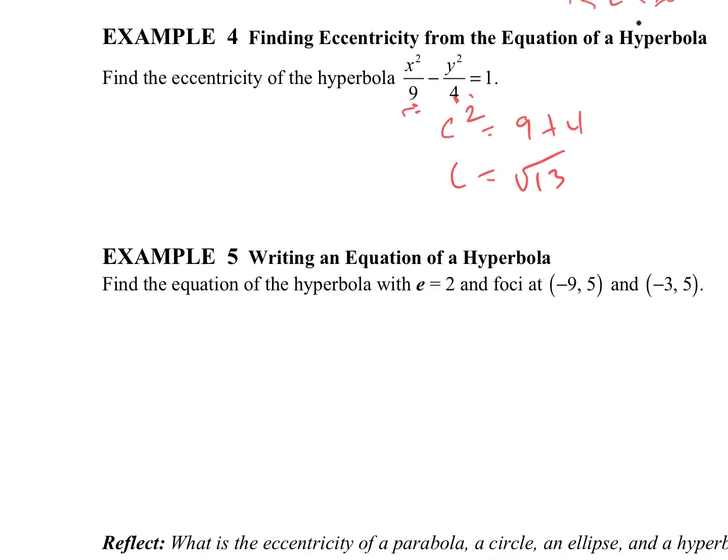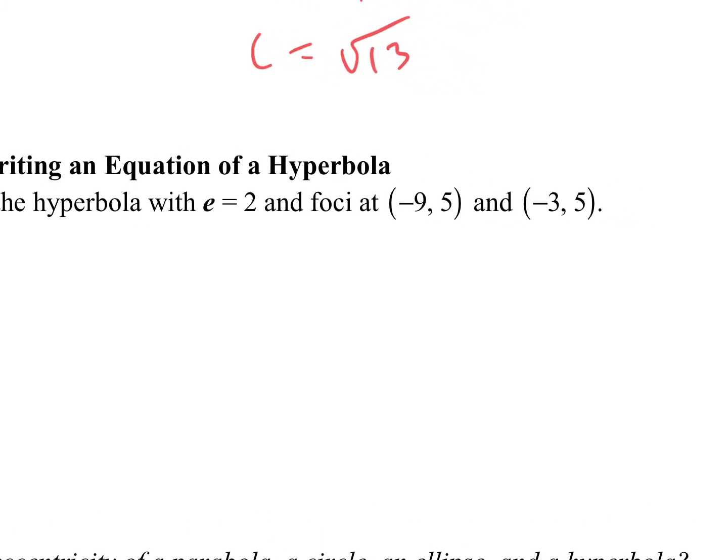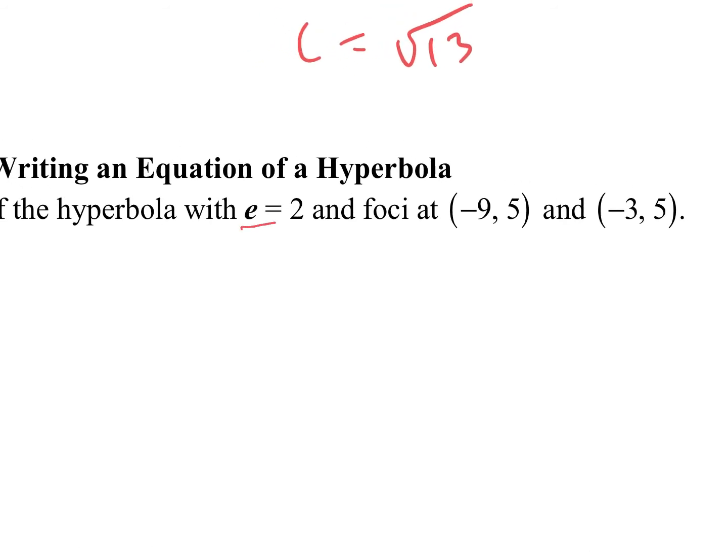And write the equation of the hyperbola. Wow, that does get a little harder to write the equation, and all he's given me was 2 focal points. And he's given me E is 2. So if E is C over A, I can use this to get A. If I graph those 2 points, -9, 5 here, and the other focus is at -3, 5.